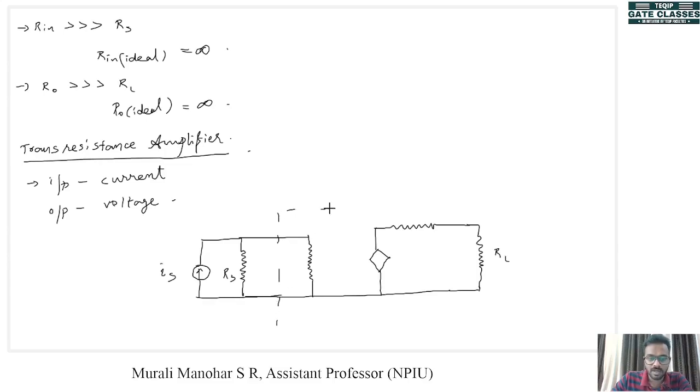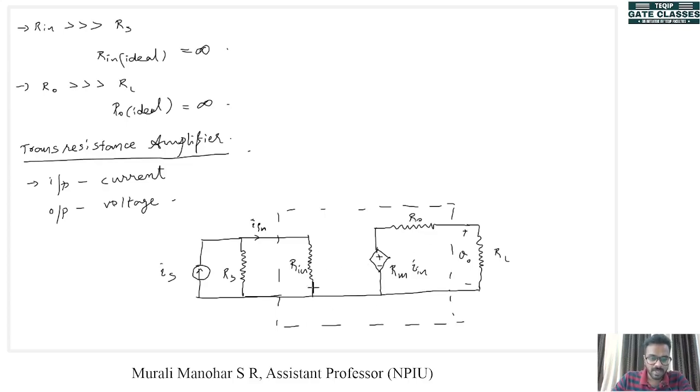Here we have our amplifier. This is the input current to the amplifier, In. Here we have the output voltage across the amplifier, Vout. This is Rin. This is now a voltage source which depends on the input current, In. So this can be written as some resistance Rm into In. This is R out.